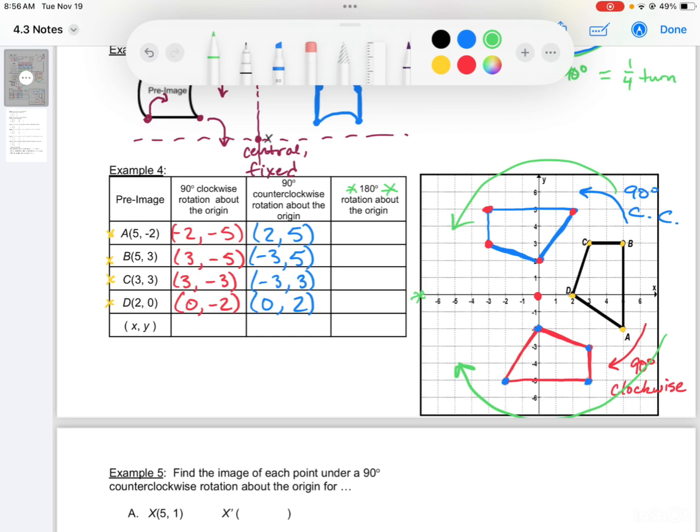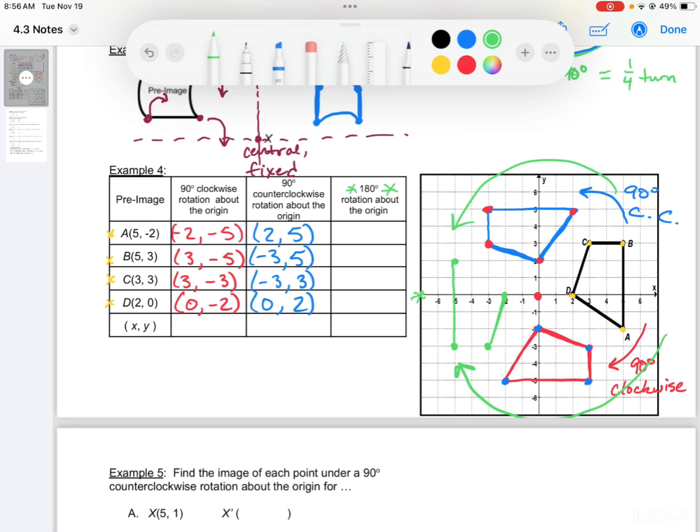And so what we end up with is points at -5, -2. Oh, sorry, I put that at -2. -5, 2. -5, -3. -3, -3.